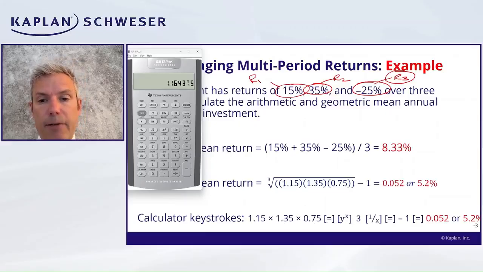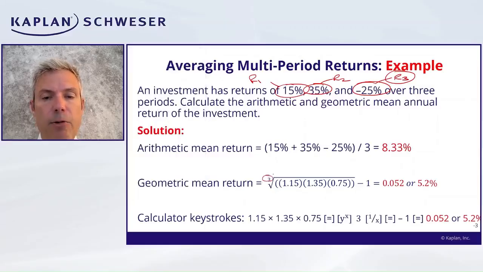What I've done is the first 3 terms here. What I need to do now is take the cubed root of this to work out what on average I'm multiplying through, what 1 plus R I'm multiplying through by each time. So I'm going to power up, y to the x, I'm going to type 3, but we're not powering up by 3, are we? You need to remember that the cubed root is the same as powering up to 1 over 3, okay?